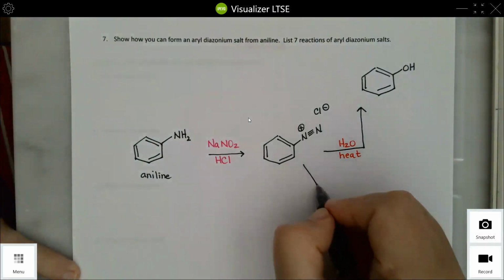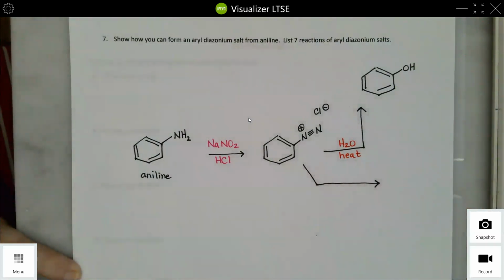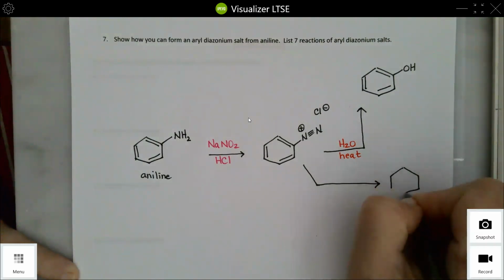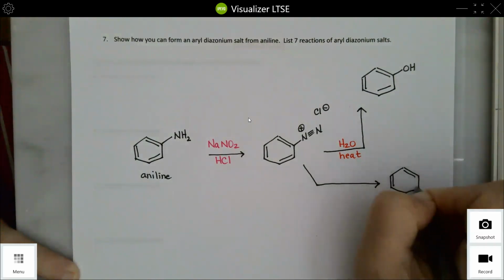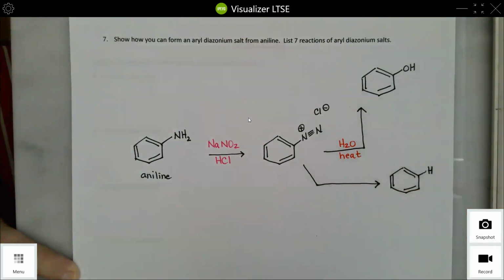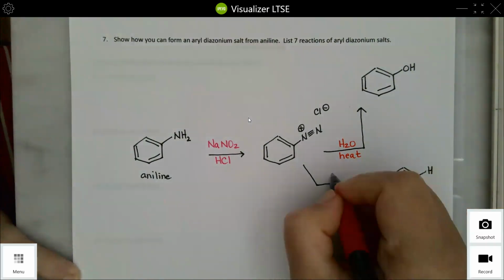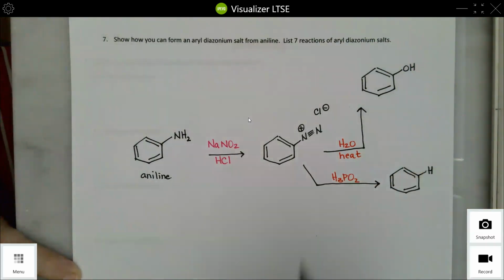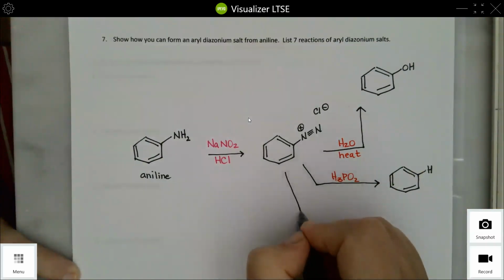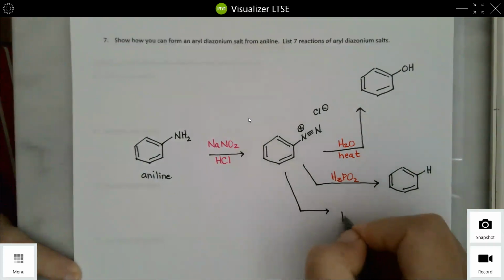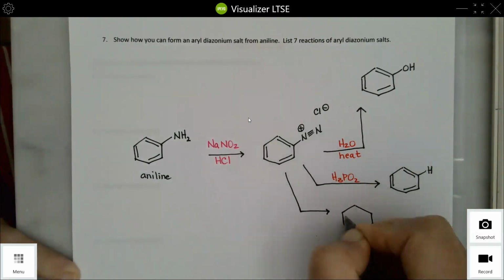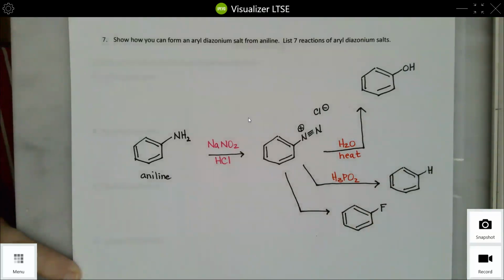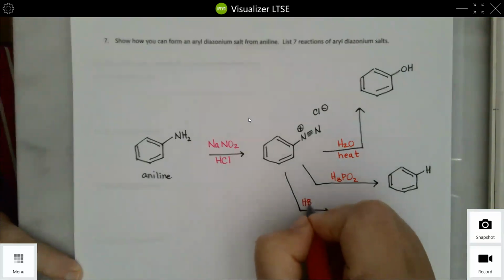And then we can replace it with a hydrogen to just make benzene here with H3PO2. And then we can also put on a fluorine using fluoroboric acid.